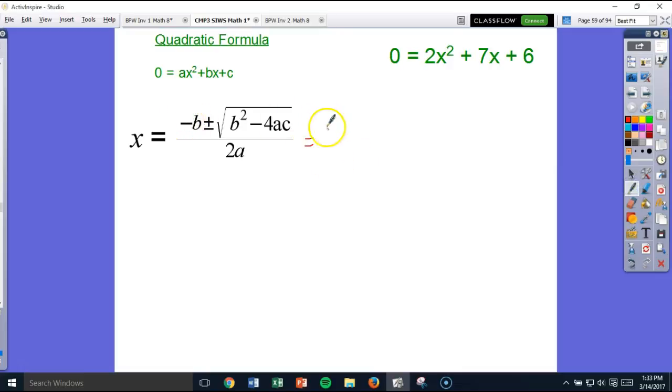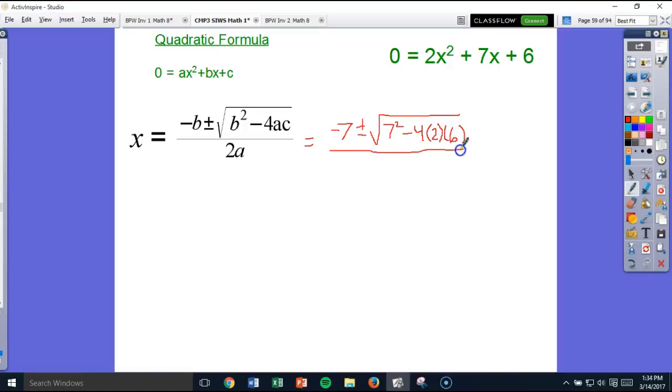So we would have negative b, and 7 is our b, so we'd have -7 plus or minus the square root of b squared, so 7 squared, minus 4 times a, which is 2, times c, which is 6. So that's our numerator.